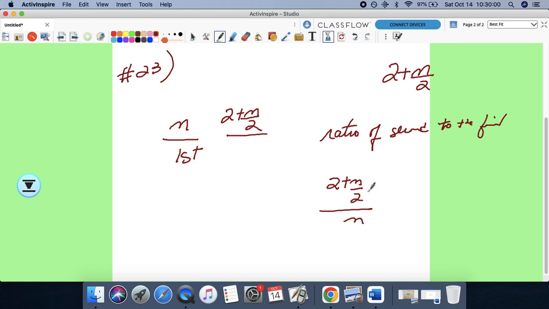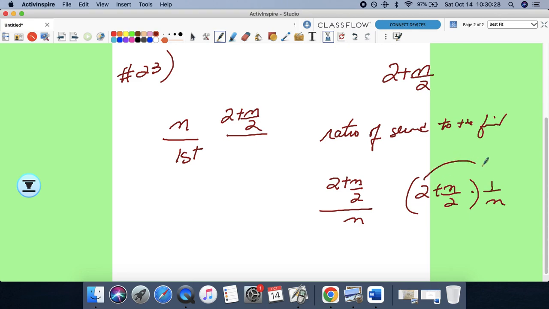Well, 2 plus n over 2 times the reciprocal, which is 1 over n, right?